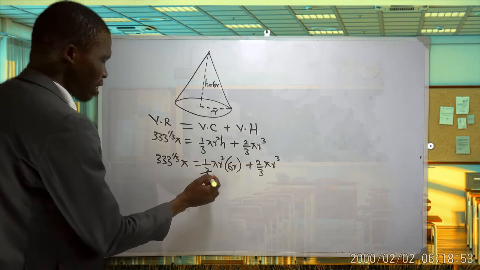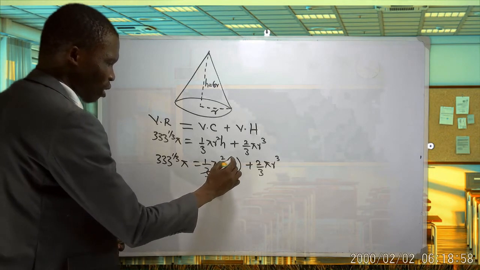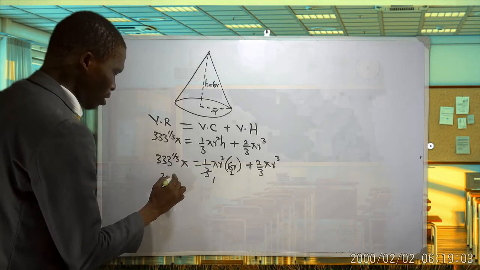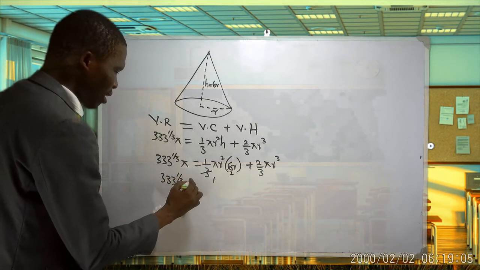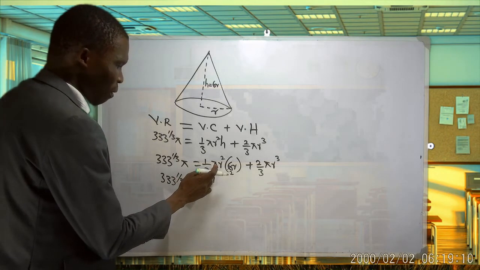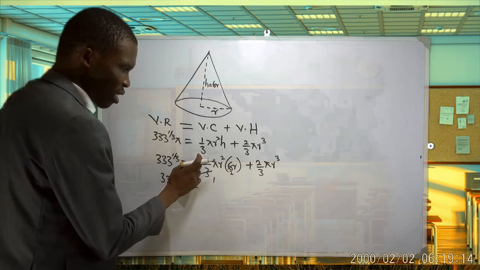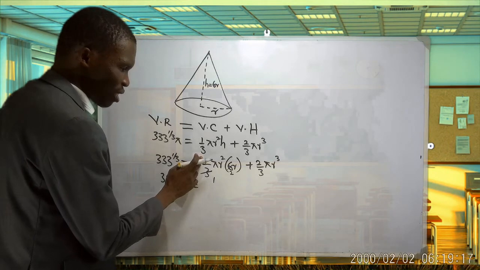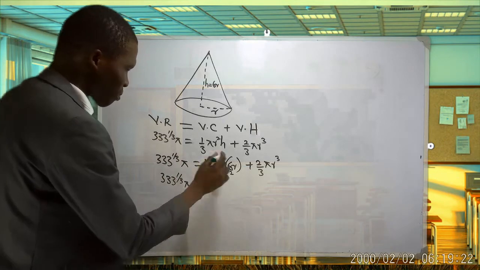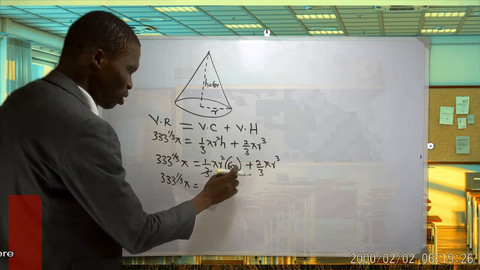So 3 here we are going to have 1, and 3 here we are going to have 2. So this will give us 333 1/3 pi equals, if you look at this, we have 1 here, it's very significant, so you need to take note of that 1. There is 2 here. Bring this 2, use it to multiply this.